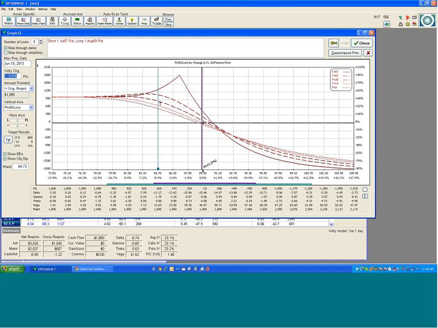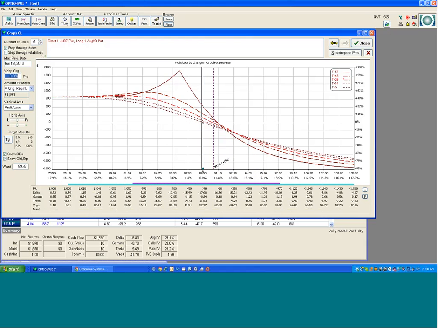Our negative deltas and the positive time decay will still generate profits on the downside. So it's really a combination of a directional biased position along with a volatility bias that may or may not help us, depending on whether it goes in the direction that we wish.